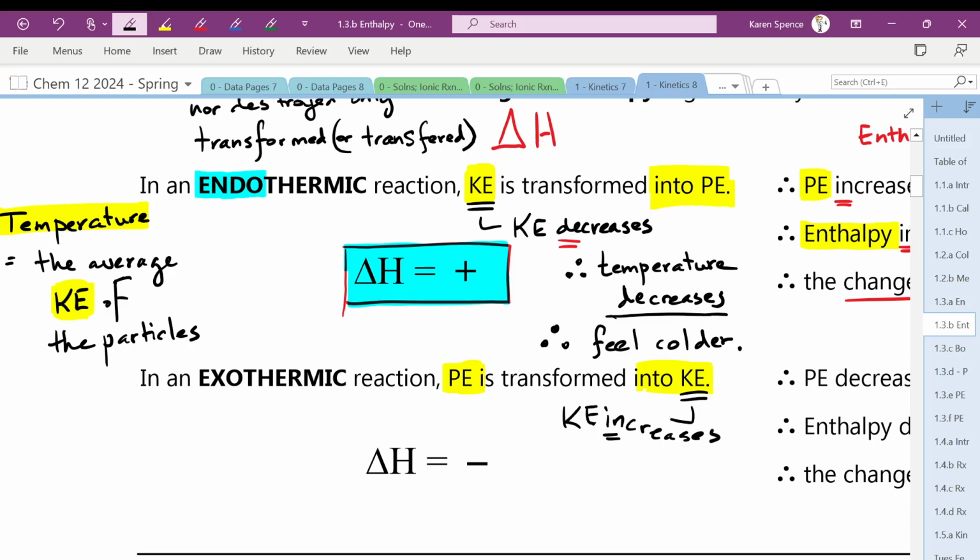And if the kinetic energy increases, what happens to the temperature? Temperature increases. And therefore it is going to feel warmer.